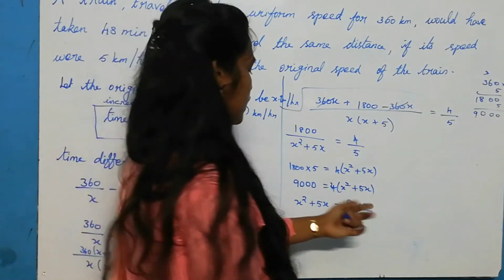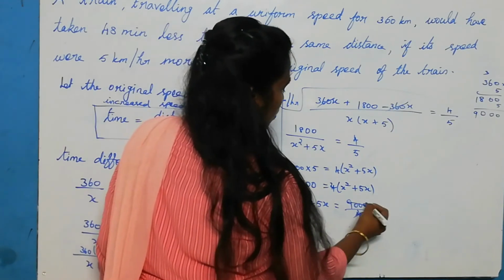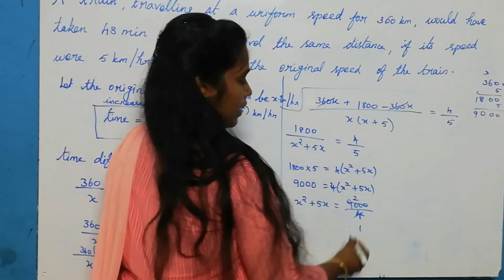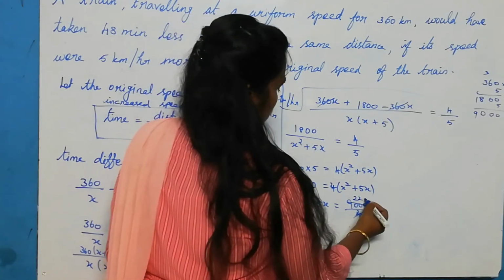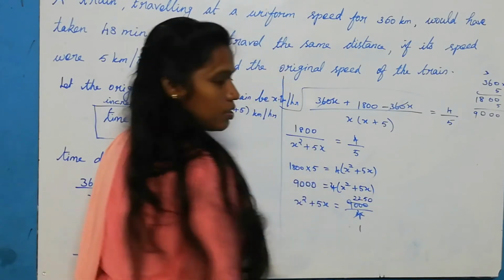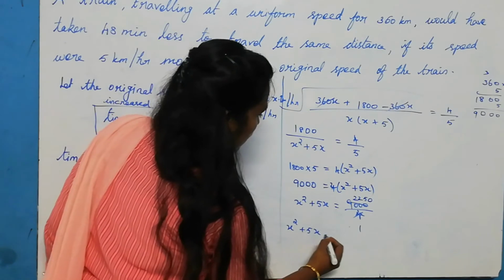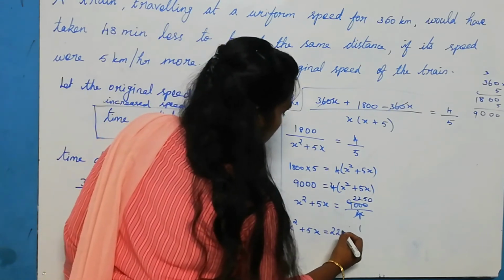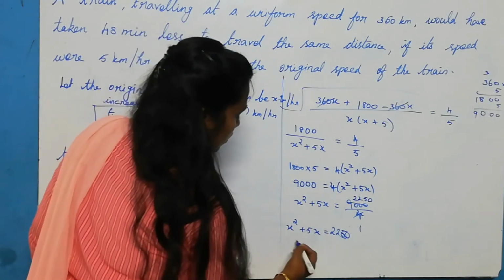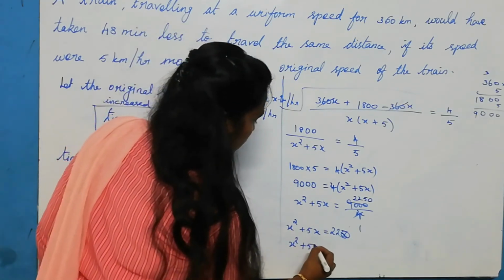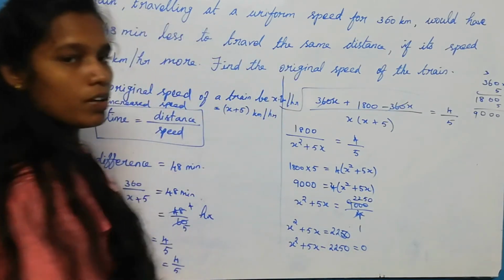So cancel this by 4, we get 2250. So our equation is x square plus 5x is equal to 2250. So x square plus 5x minus 2250 is equal to 0. Okay, this is our equation.